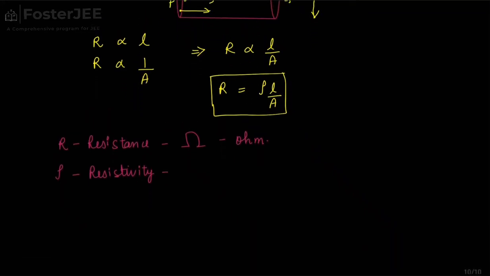Resistivity is independent. Its SI unit is ohm meter, ohm into meter. Now L and A are the length and area of the section.